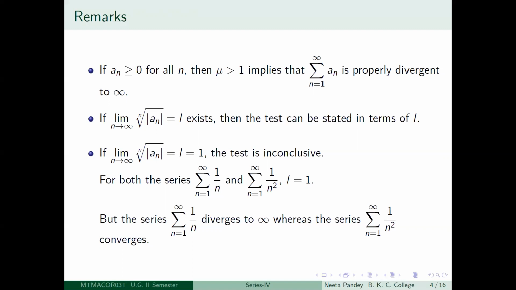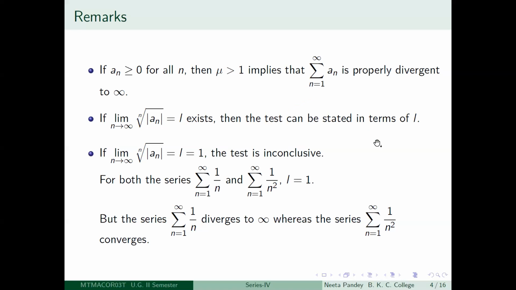So there are only two possibilities: either it converges to a limit, or it is divergent. So the corresponding series either converges or is properly divergent to infinity, and therefore you can make this remark.